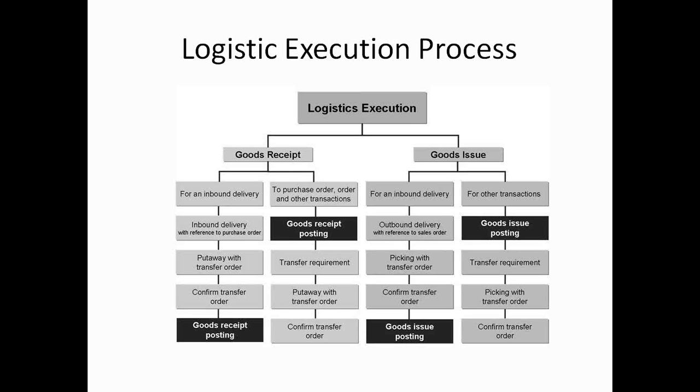Later, at the time of the transfer order, the WM supervisor will check whether the data has been created perfectly, whether there is any data lagging, or whether any wrong data has been put in. He checks all this information and finally confirms. We can also have the transfer order automatically generated, or we can create it manually. It depends on how the client requires the process.